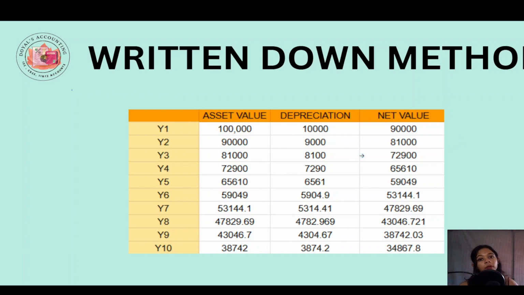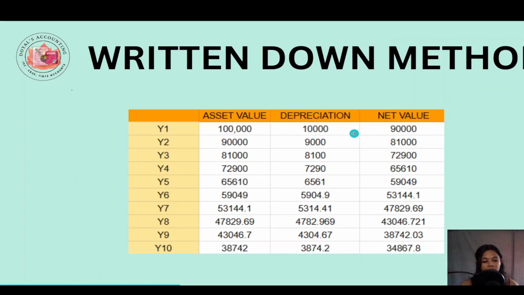On my net value, I will calculate depreciation. Every accounting period, I will calculate depreciation on the net value of my asset only, not on the original amount. So in this method, the amount of my depreciation will keep reducing every year, and the value of the asset will not become 0 at the end of the 10th year.